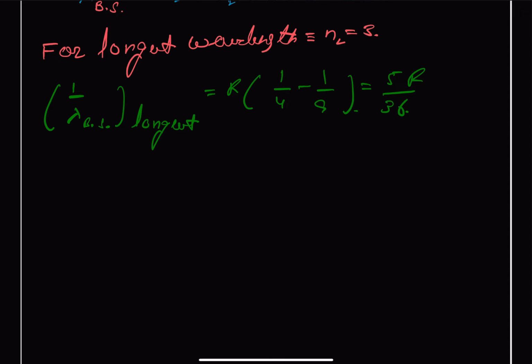And we can say that lambda BS for our longest will be equal to 36 upon 5R.